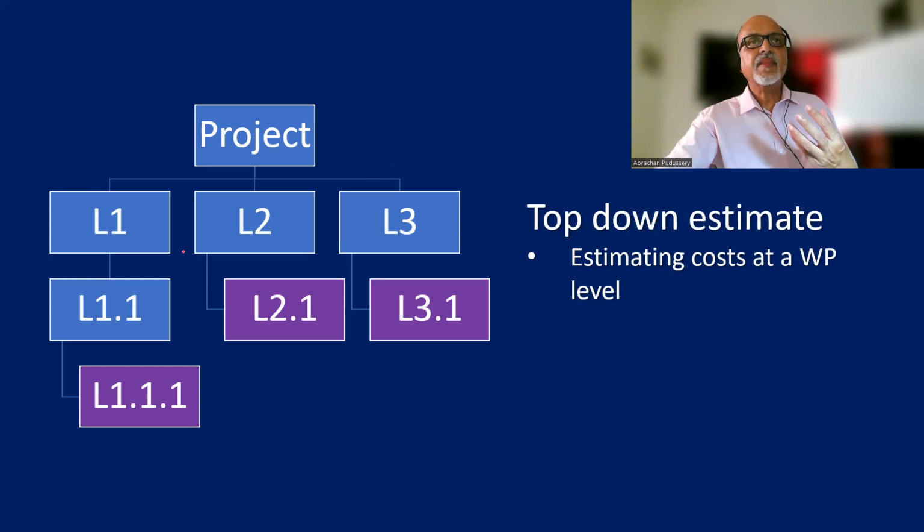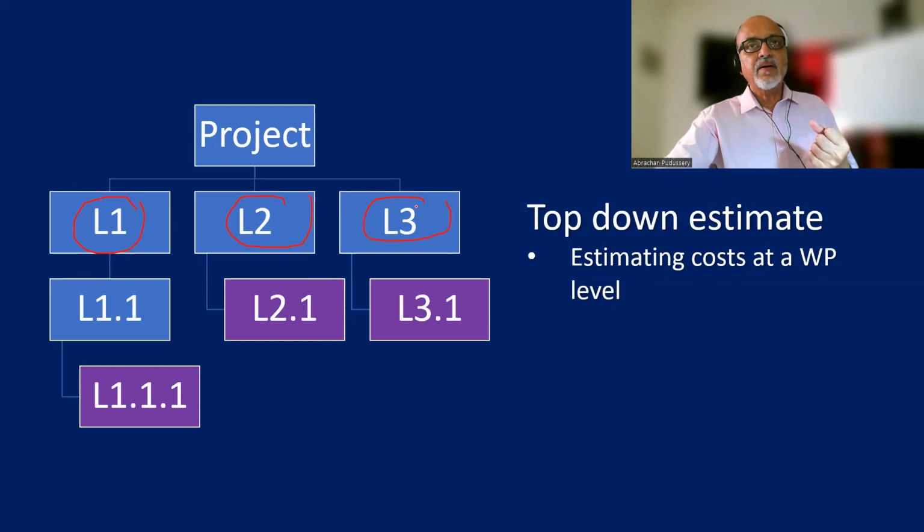Means we estimate at the work package level, or when we create very high level budgets, we estimate at a high level of WBS. Maybe we estimate at L1, L2, L3 kind of thing.